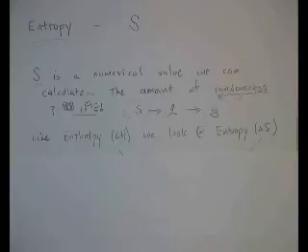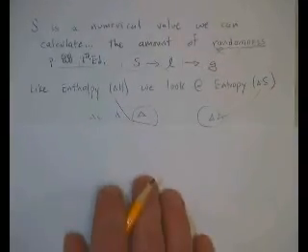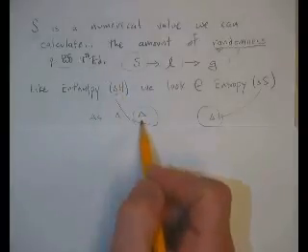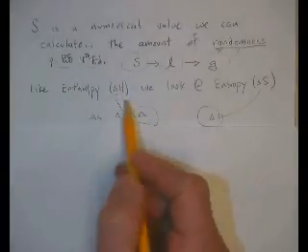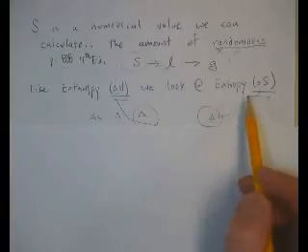Like enthalpy, delta H, we look at entropy, delta S, as a change. And remember, this triangle right here, and also right here, represents the word change. So we look at the change in enthalpy or the change in entropy.